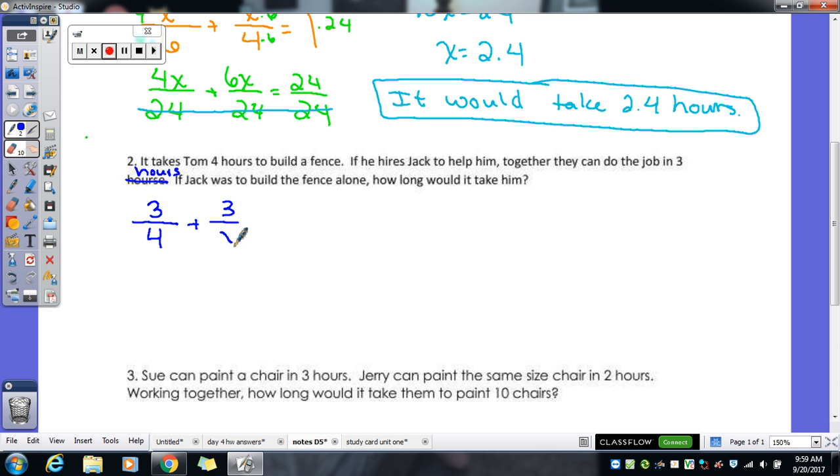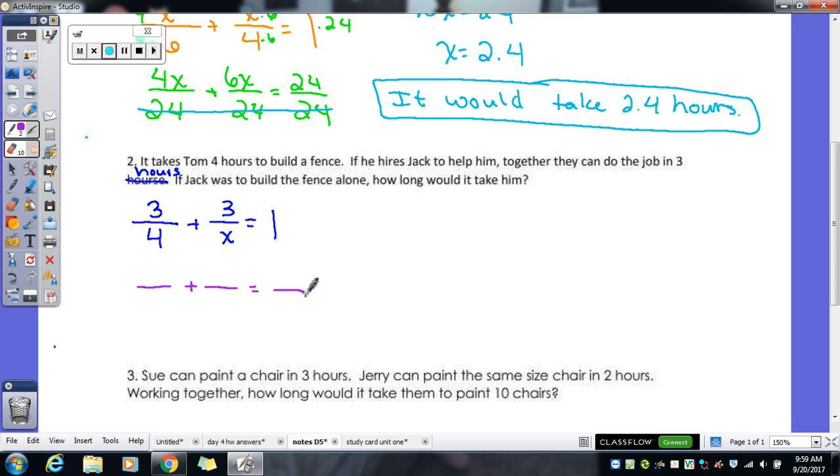Second fraction, our x is going to be in the denominator, because we're looking for how long it would take for Jack to do it by himself. So 3 over x. And again, it still equals 1. It will always equal 1. So between 4x and 1, what would be our common denominator? 4x.